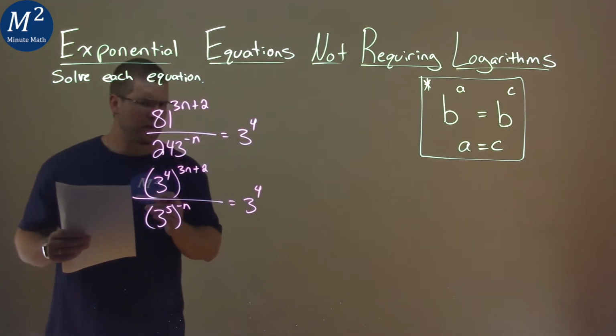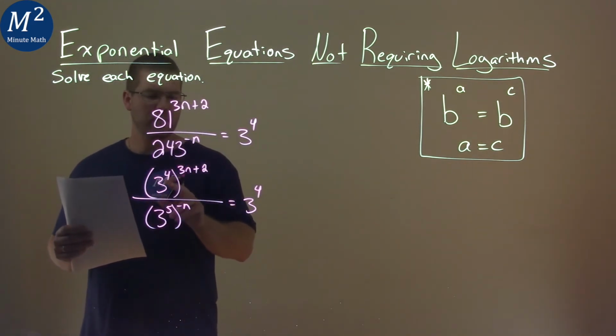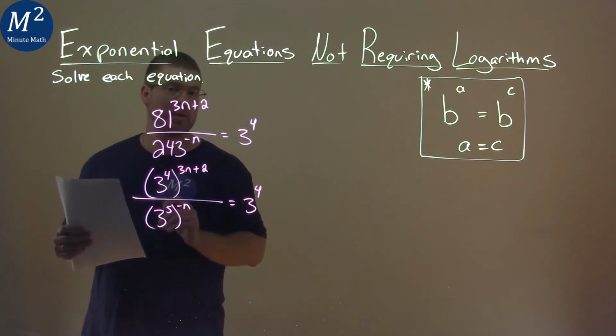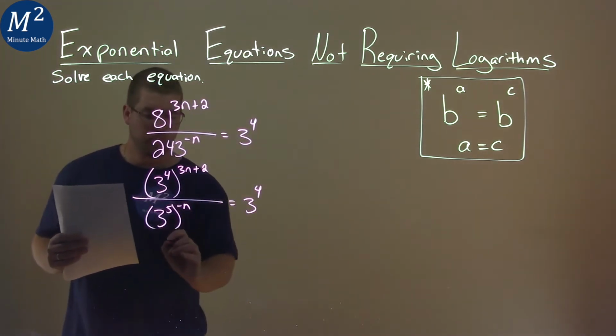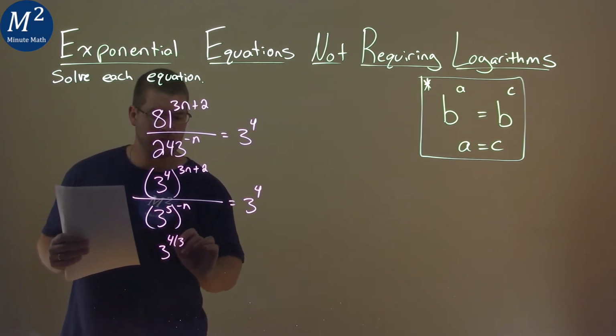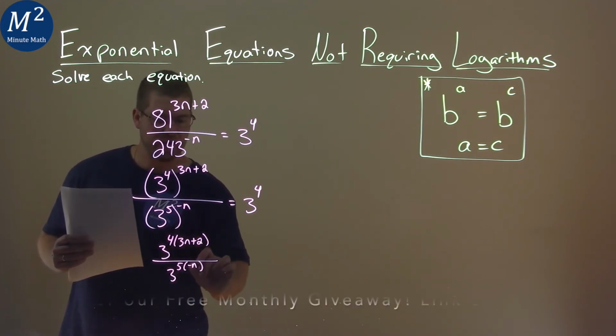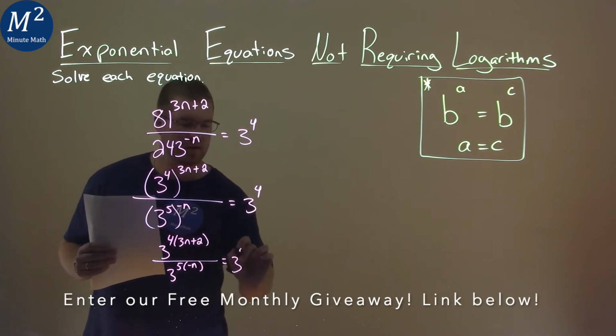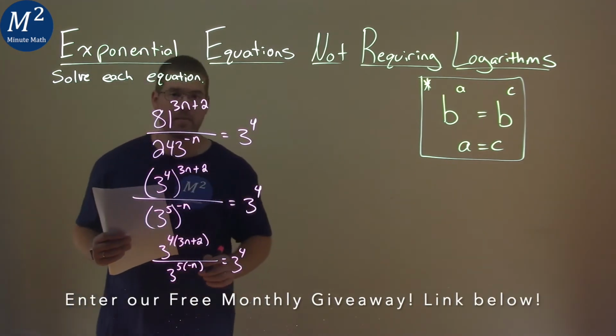Our rules of exponents now state when we have 3 to an exponent here, raised to another exponent, we multiply the exponents there. So we would have now 3 to the 4 times 3n plus 2 power over, same thing here, 3 to the 5 times a negative n, and that's equal to 3 to the 4th power there.